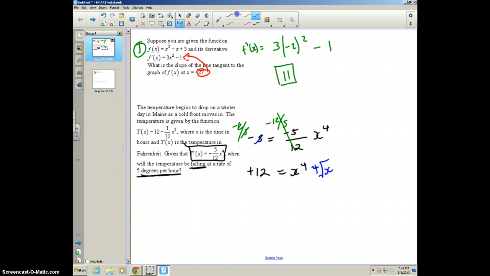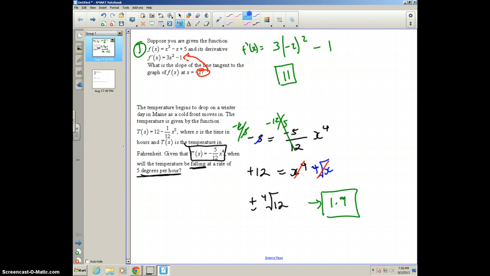That means these two will cancel, and when we take the 4th root of 12, we get plus or minus the 4th root of 12, and that is the answer, which is, I believe, around 1.9. So that is our answer.